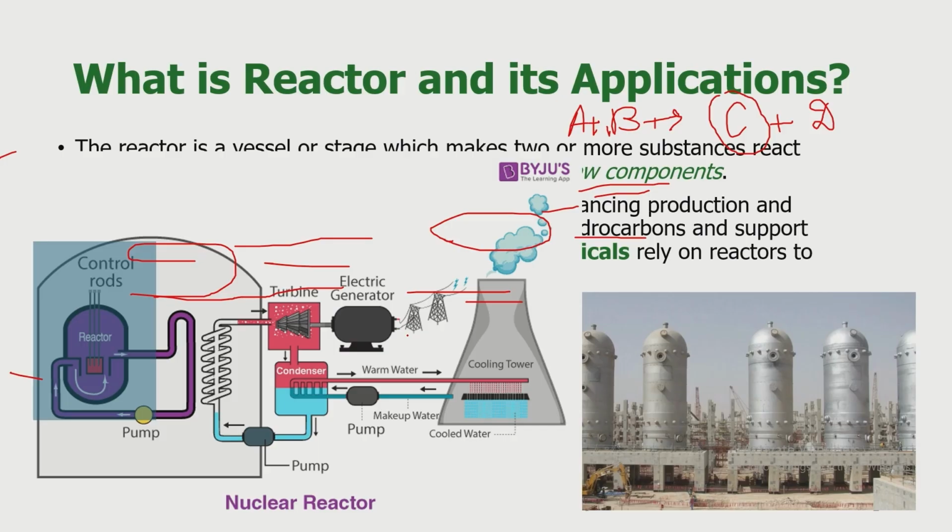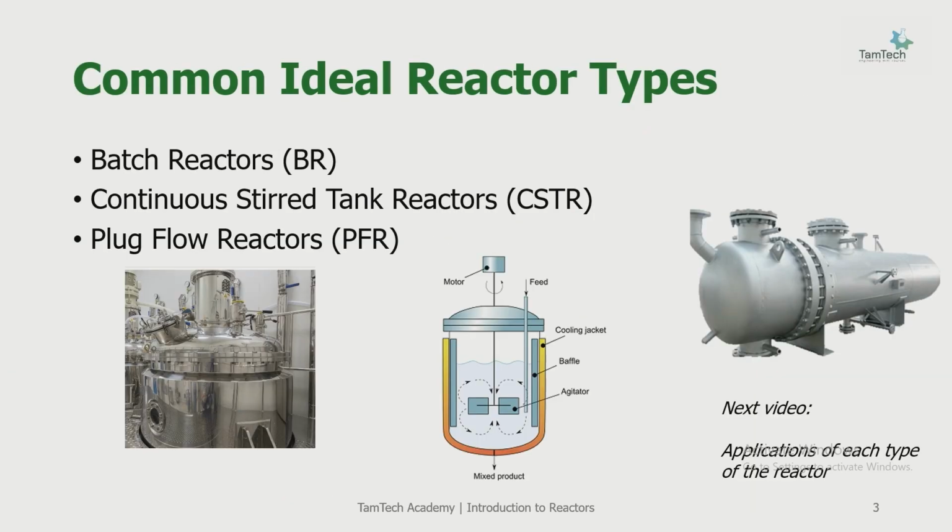Then we learned that there are typically three applications: the first is petrochemicals, then pharmaceuticals, and lastly the nuclear industry. You can see from this diagram how the reactor looks in the nuclear industry.